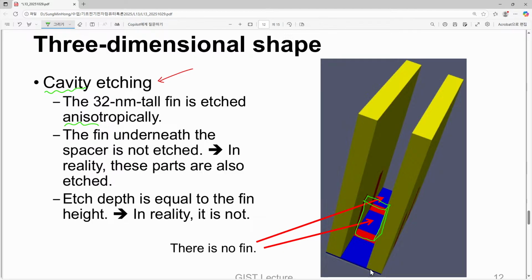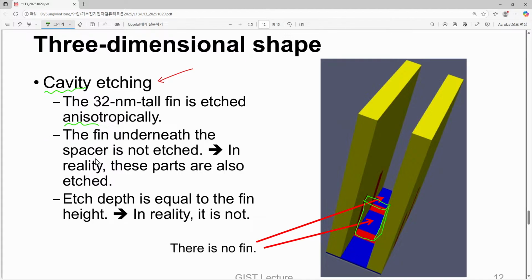Of course, below it we have an unexposed fin, covered by STI, and according to the literature, even this cavity etching goes deeper than this STI level. So this shape is a little bit simplified.